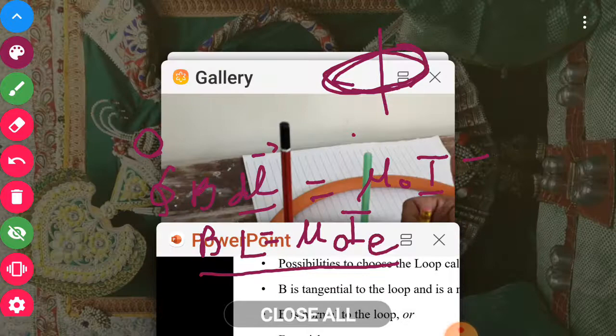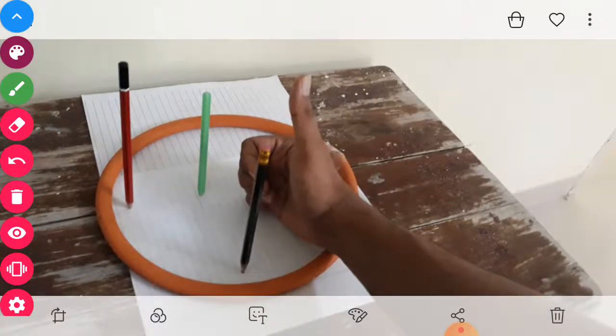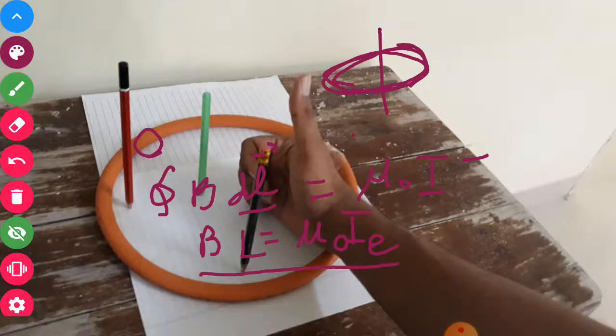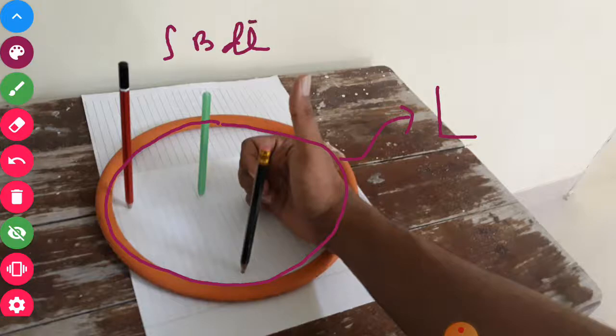Again I can explain it with this figure. Say for example the length of this loop which we have considered, this yellow colored loop, say the length of this loop is L, and our equation is closed integration B dl is equal to mu 0 I. Now the magnetic field produced is in this direction, coming out of the plane, or tangential.